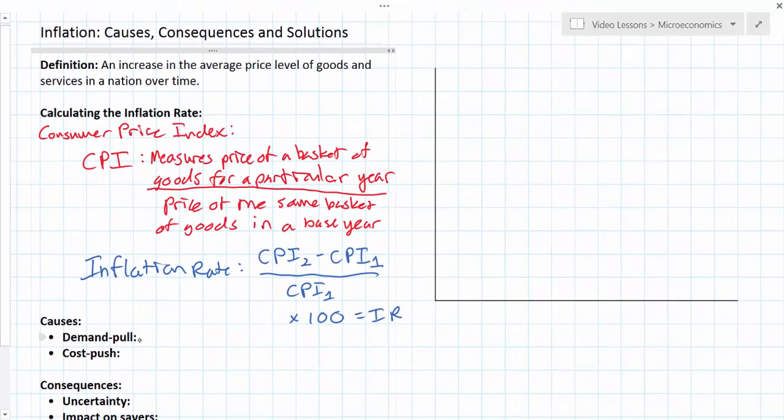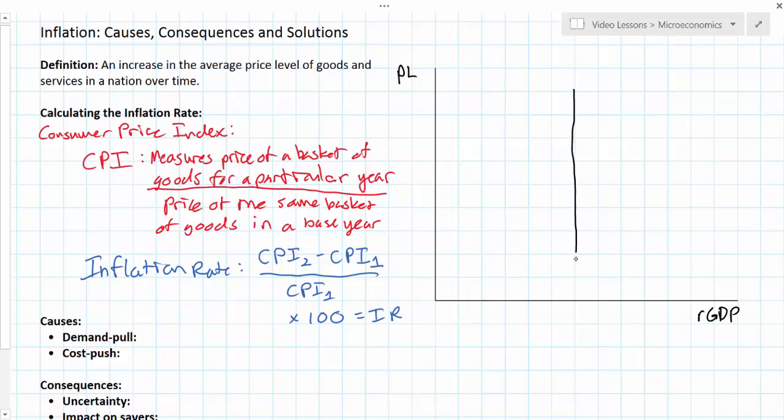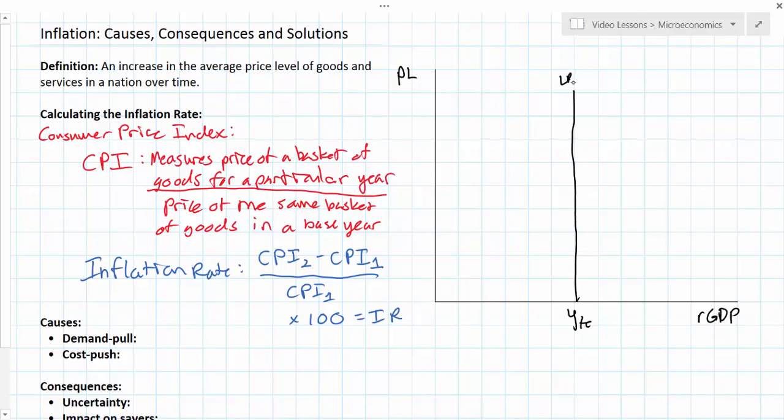So we're going to look at a graph to distinguish between the two different types of inflation that a country might experience. Of course, we'll be using our standard aggregate demand, aggregate supply graph, which has price level on the vertical axis and real GDP on the horizontal axis. We'll put our long run aggregate supply curve, vertical at the full employment level of output, call that LRAS.